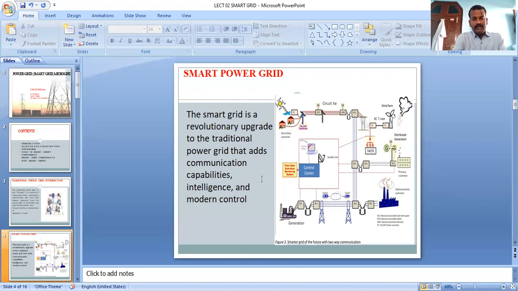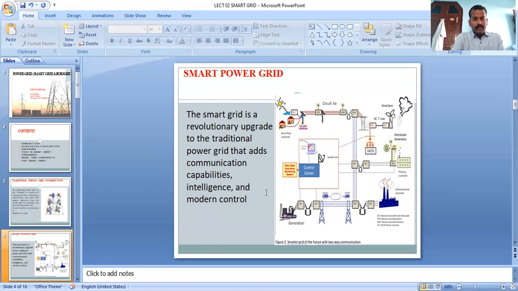All these changes are sensed by smart power grid because there are sensors, smart meters, which sense and communicate to the control center, which takes appropriate action, and it corrects the changes, controls, and again restores the original operating point.